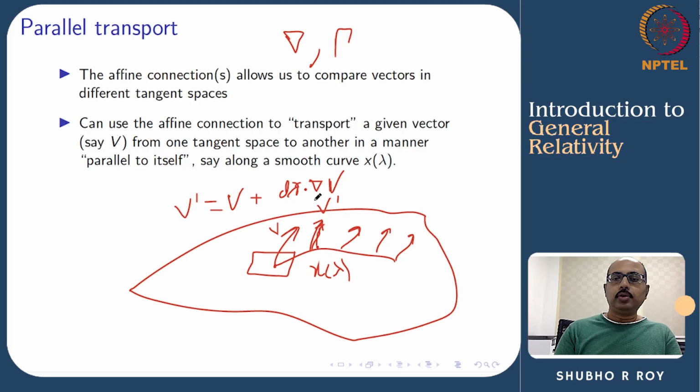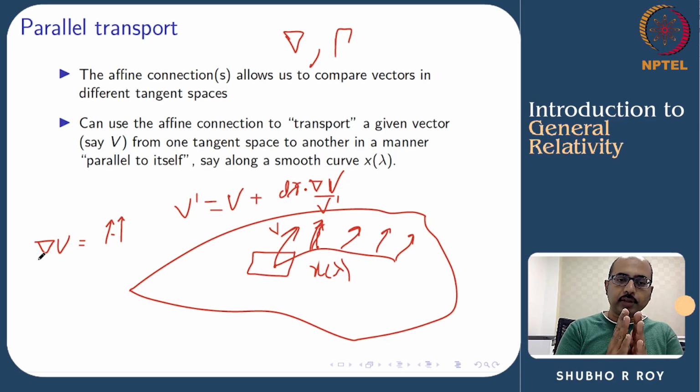So this del v, or nabla acting on v, gives you a difference. This covariant derivative is defining a difference between a vector in one tangent space and a version of the vector in the other tangent space. These two live in different spaces, but this is measuring some kind of difference between them, in the infinitesimal limit.